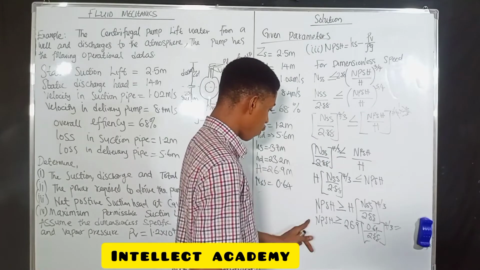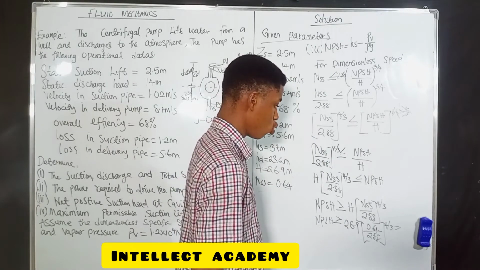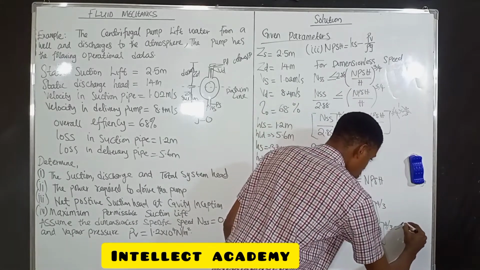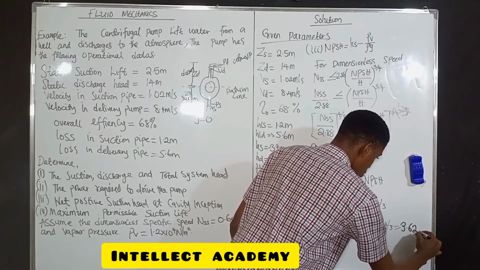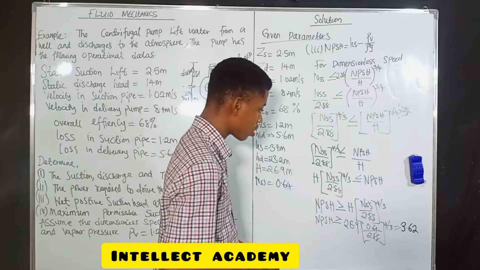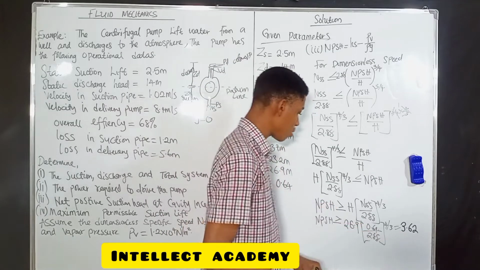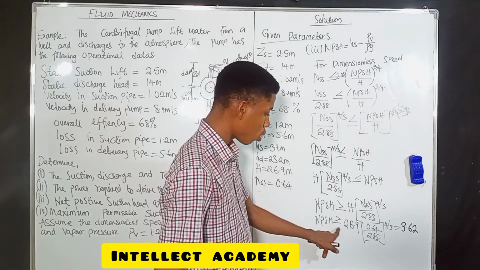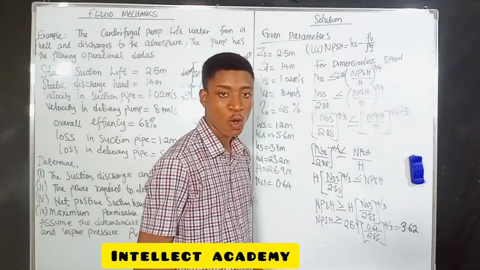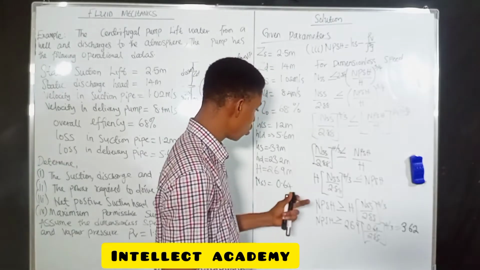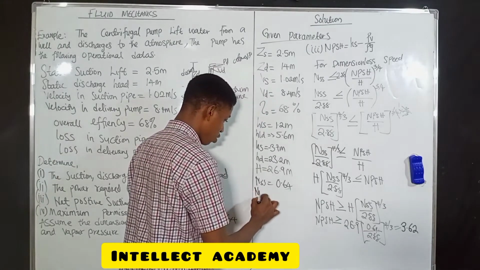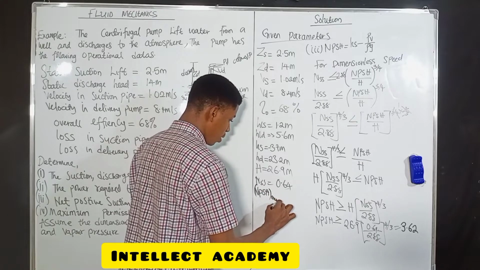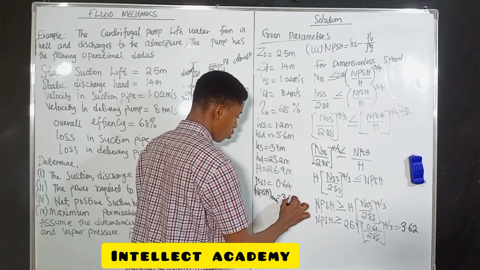Take note that our formula for the NPSH will be equals to 3.62. Now the NPSH will occur at this point. Take note that if the NPSH is greater or equal to this, that means the minimum value of the NPSH will be equals to 3.62.